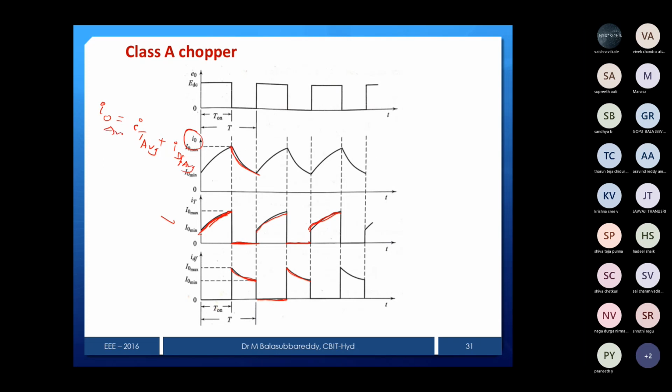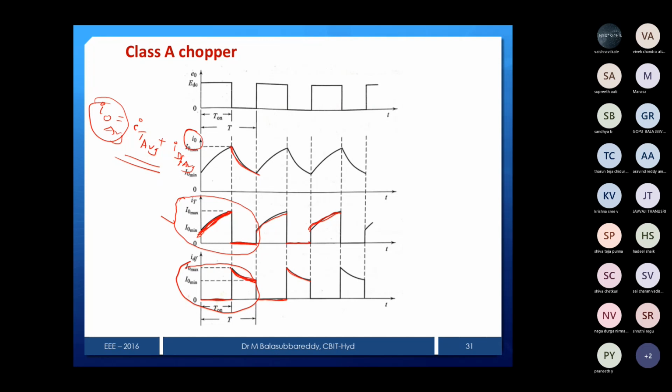I out average is the sum of these two averages, IT average and ID average. How will you get the IT average? You take one full cycle and integrate it. And for ID also, you take one full cycle and integrate it. In the thyristor case, you integrate only over the on period, and the off period is 0. Whereas in the diode case, the on period is 0 and you integrate over the off period.